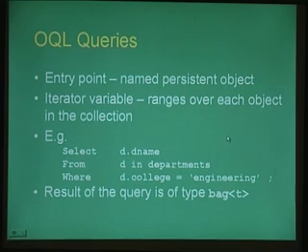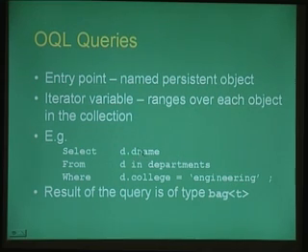An extent is analogous to an entity set, that is a collection of different objects of the same type or the same class. When I say D in departments, D is an iterator variable, that is it iterates over every OID of objects that belong to class departments, and then it selects a particular attribute from that.